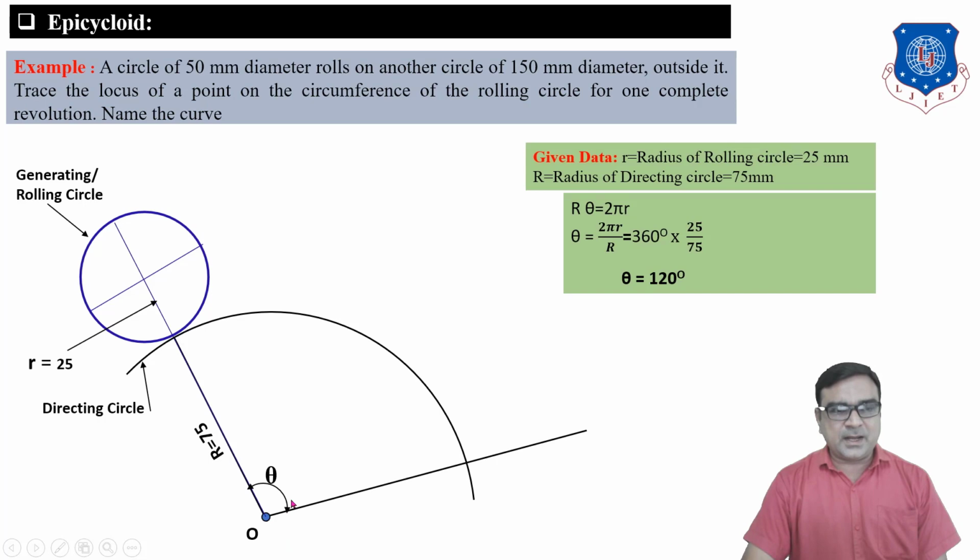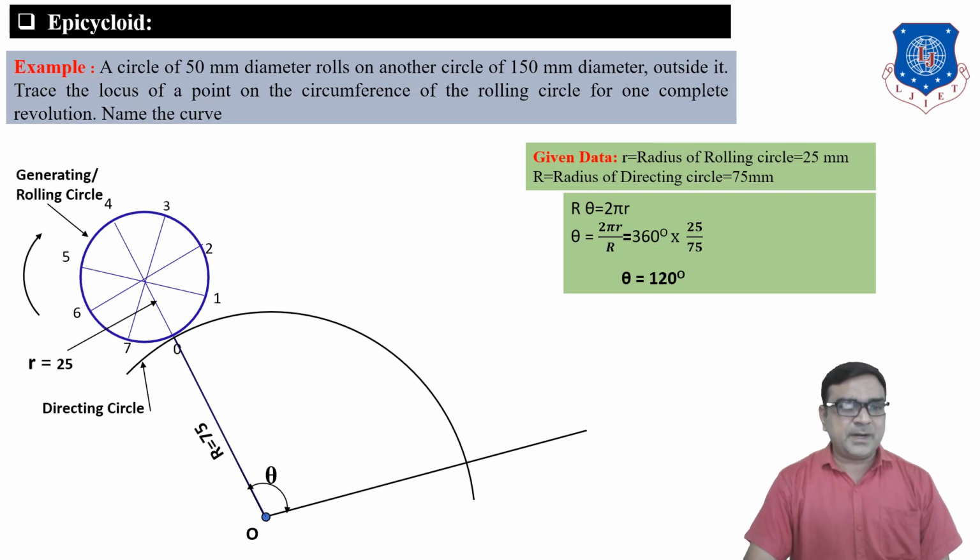So draw one line which is inclined at theta 120 degrees. Now divide this rolling circle into n number of equal parts. So here I have taken 8 equal parts. We want to roll in a clockwise direction, so the numbering will be anti-clockwise: 1, 2, 3, 4, 5, 6, 7.